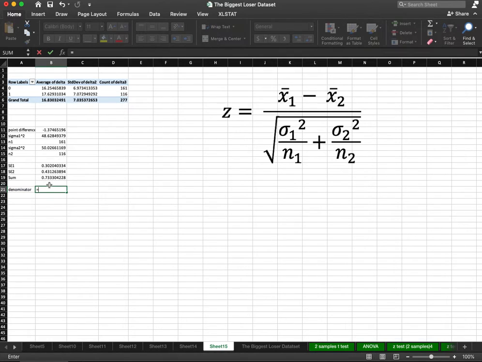So that is equal to the square root, SQRT, of the sum. Okay. Finally, I can get my z. Z is equal to my point difference divided by my denominator, and I get negative 1.6.